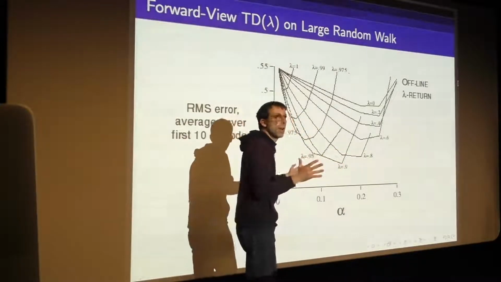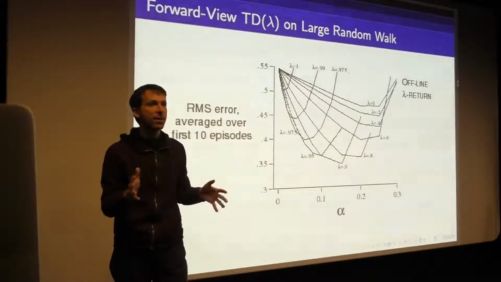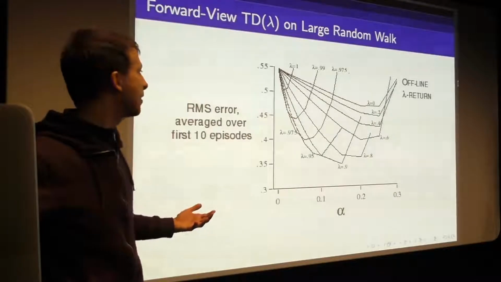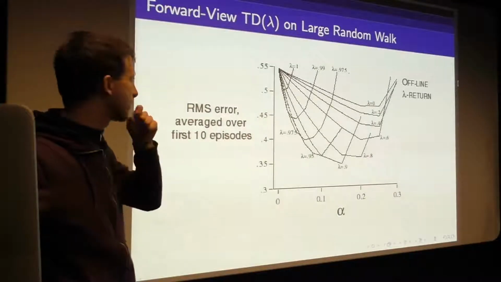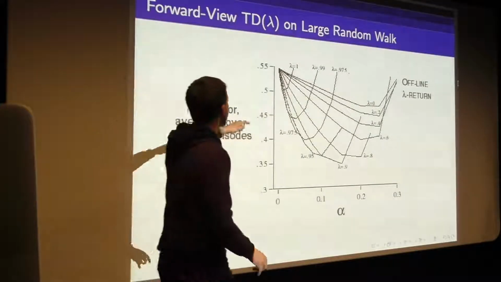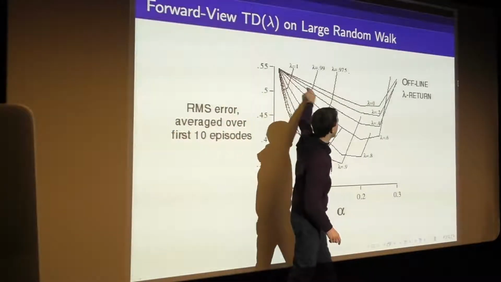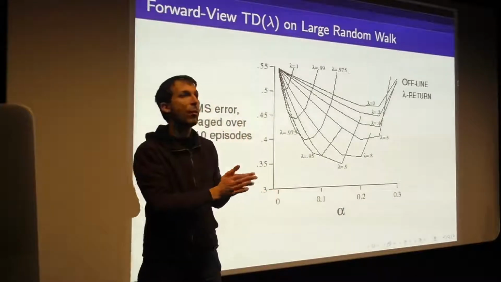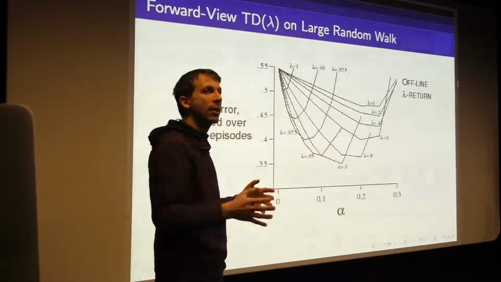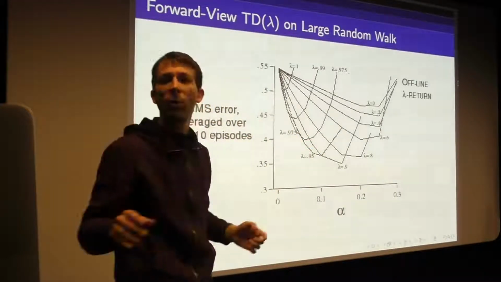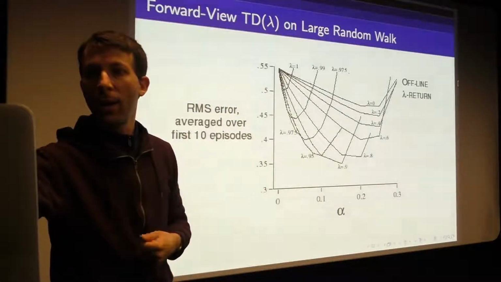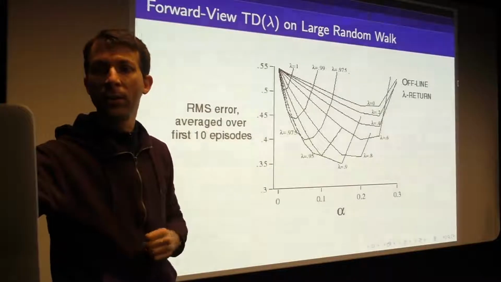It's much more robust to the change in the environment, and it does as well as the best n, just by averaging over these things. Lambda equals 1 is Monte Carlo, lambda equals 0 is TD(0). And we see that we can do much better. You often see these kinds of curves where there's a sweet spot in the lambda curve between 0 and 1, where you get just the right trade-off between bootstrapping and the bias-variance trade-off.